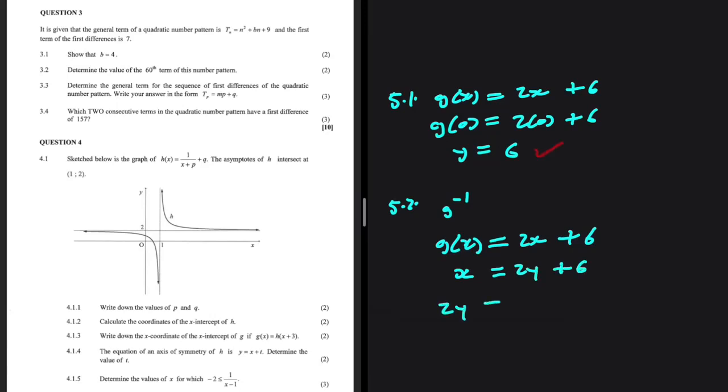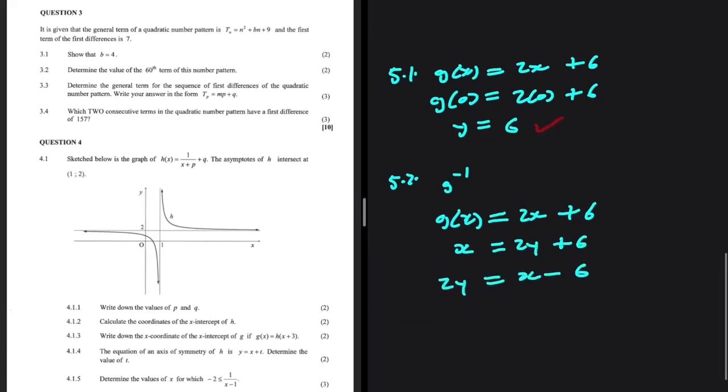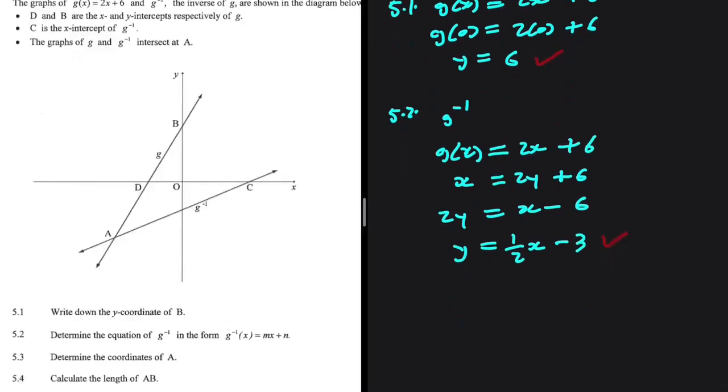So 2y is equal to x minus 6. We just need to divide both sides by 2. So we're going to get y equals 1 divided by 2 x minus 3. This is the equation of g inverse. Now we can conclude and say that g inverse of x is equal to a half x minus 3.